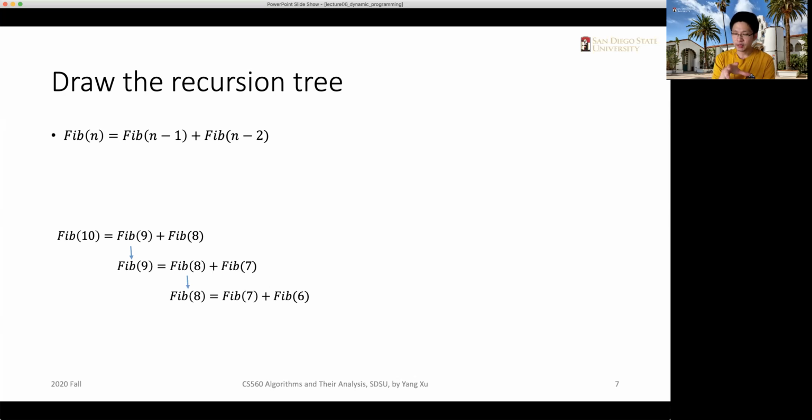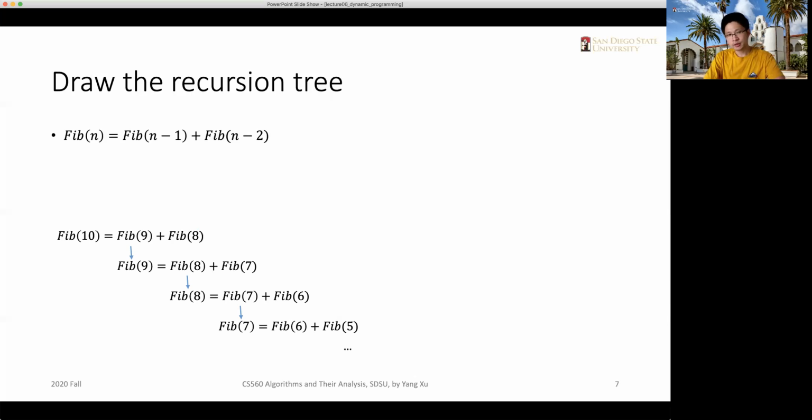And fib of 8 will further incur fib of 7 and fib of 6, and 7 will cause 6 and 5, and so on, until we hit the boundaries of the recursion, like n equals 1 or n equals 0, okay? But this is not the only recursive branch that we get, okay?